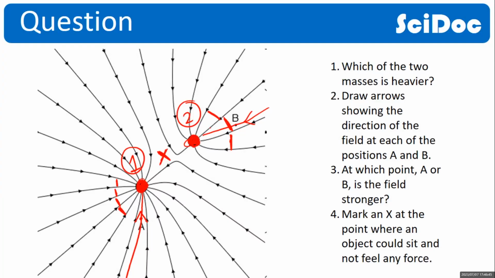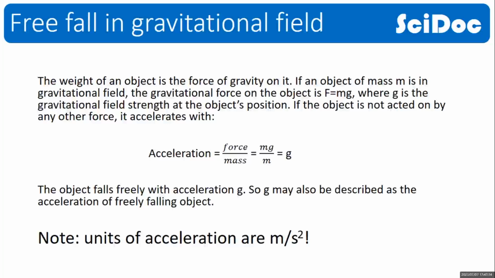So if any object sits here, it is not going to experience any gravitational field, because the gravitational field on either side of this point is the same. If both the masses are pulling the person sitting at point X with the same magnitude, it's just like there is no field acting at this point.